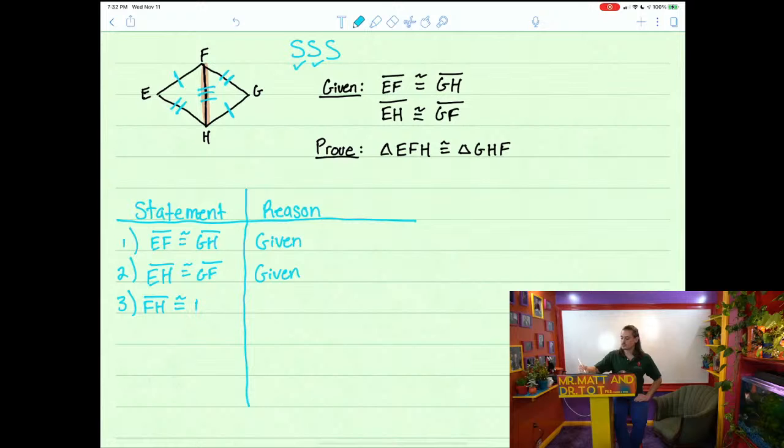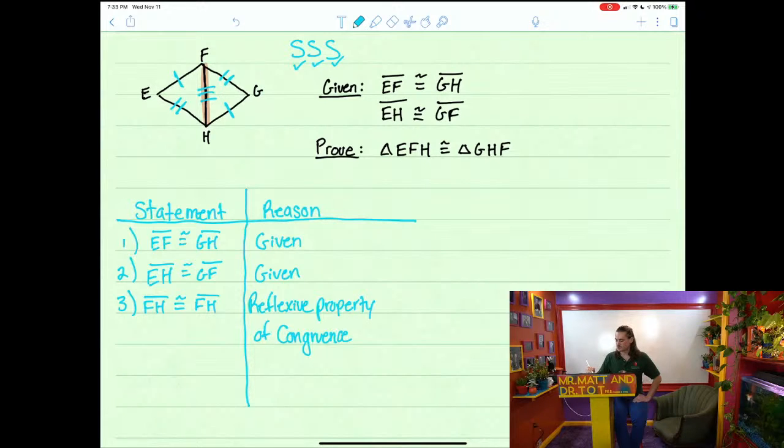And so I've just proven that three corresponding pairs of side lengths are congruent to each other. Therefore, the overall triangles, triangle EFH, has to be congruent to triangle GHF.